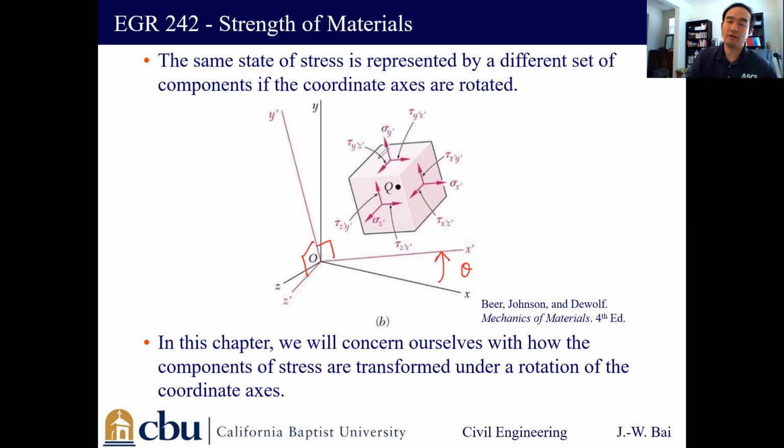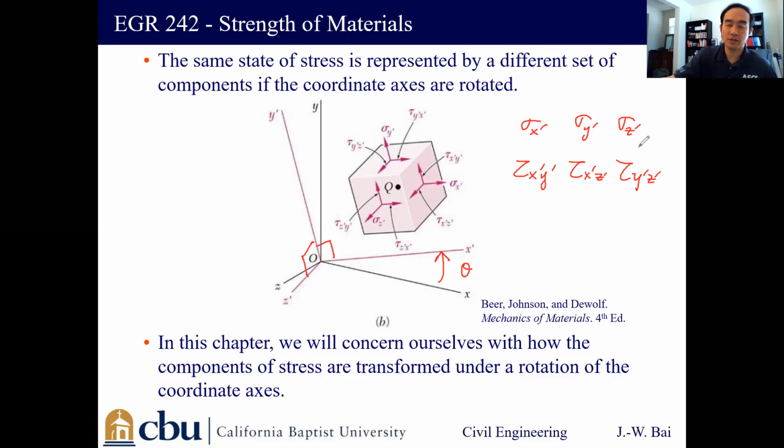Then we can think about another stress block, which looks like this, perpendicular and parallel to all these new axes, x prime, y prime, and z prime. And then we can list out all the stresses: sigma x prime, sigma y prime, sigma z prime. So these are 3 normal stresses based on the new coordinate system, x prime, y prime, z prime axes. And then we will have tau x prime y prime, tau x prime z prime, and tau y prime z prime.